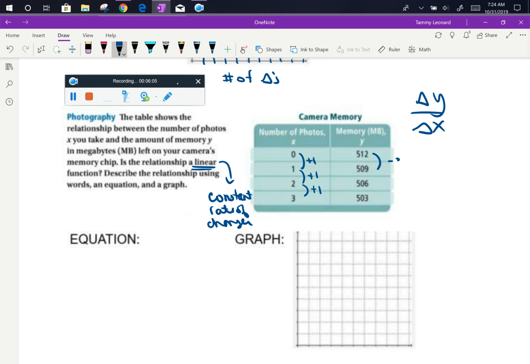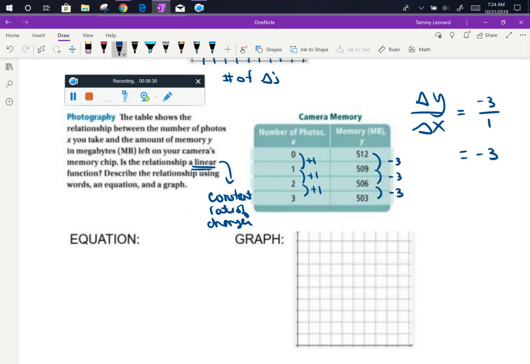This is going down by 3, down by 3, down by 3. So no matter which pair of change in y over change in x I look at, it would always be a negative 3 divided by 1, or just negative 3. Because that rate of change is constant, this will be a linear relationship.